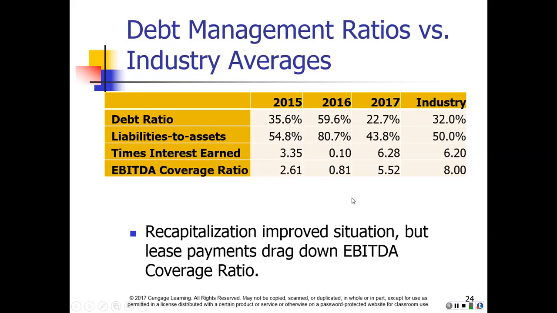Okay, so now what the company had done during 2017 was to sell a lot of new stock, right? We saw that 250,000 new shares had been sold, and used some of that money to pay off the outstanding debt. And so basically the company has changed its debt to equity mix.